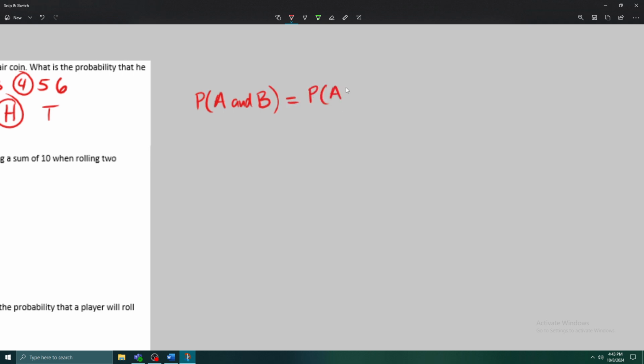Suppose we have 2 events, A and B. What independent events allow us to do is create a multiplicative situation. So we could say the probability of this compound event, A and B, is the probability of A times the probability of B.